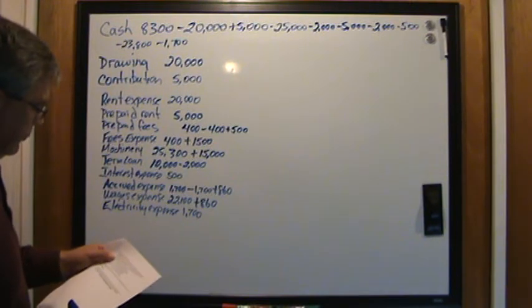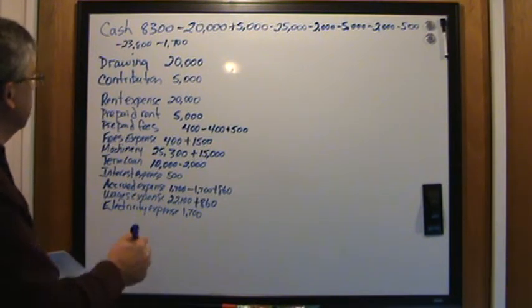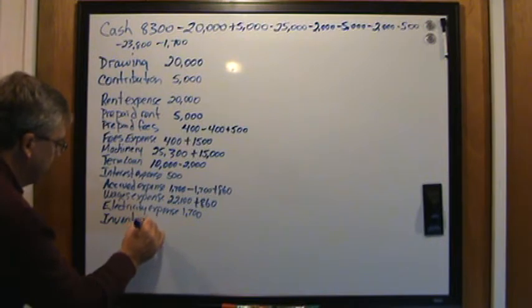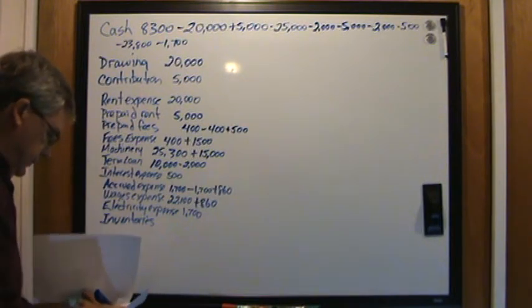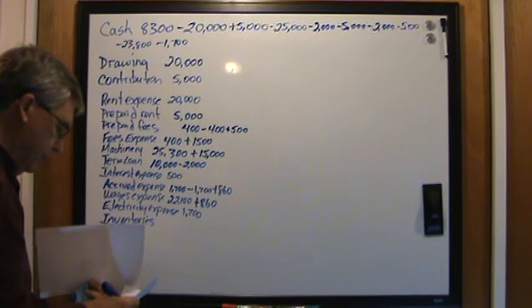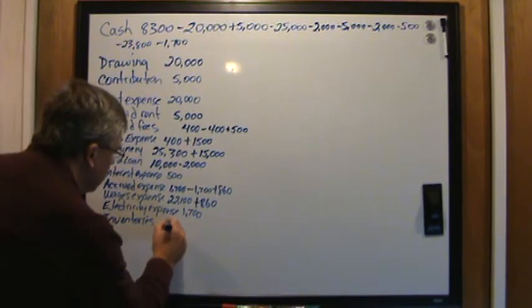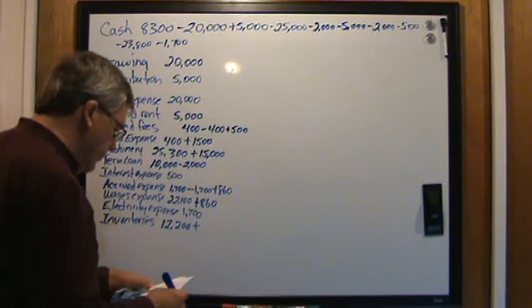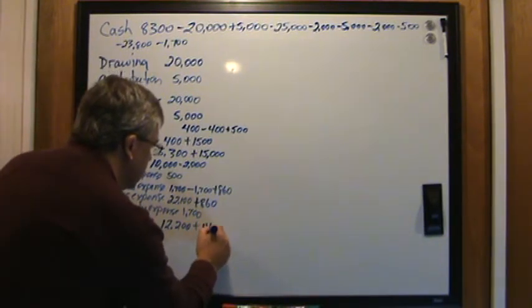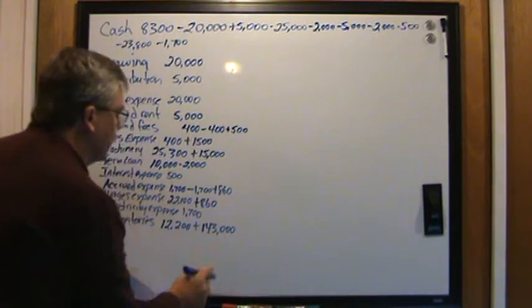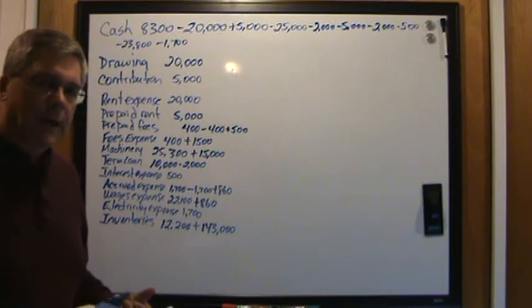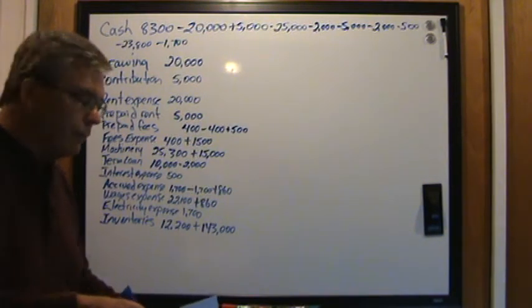Inventories totaling $143,000 were bought on credit. So inventories is on the balance sheet. We started off the year with inventories of $12,200. We're now buying an additional $143,000 worth of inventory, and we're doing it on credit. When you buy inventory on credit, that impacts accounts payable.